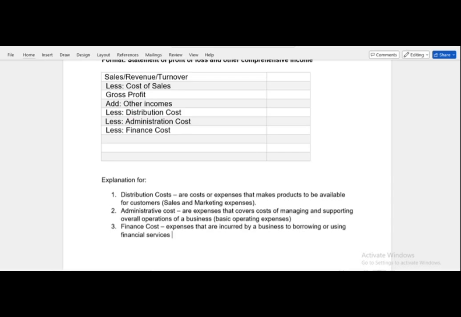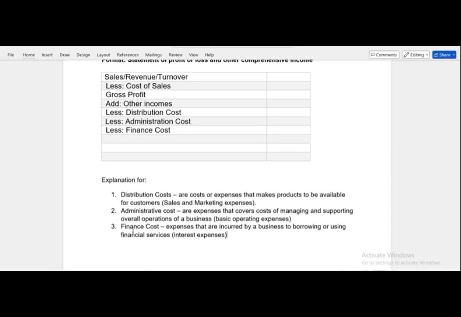And then we can just call them interest expenses. Like you can name them: interest on loan or interest on long-term loan, interest on mortgage bond, interest on debentures, interest on overdue account.